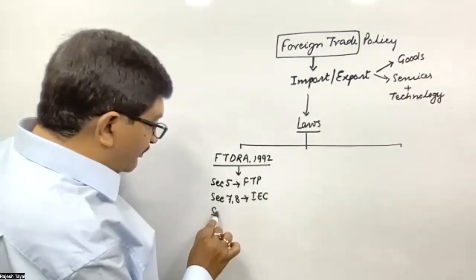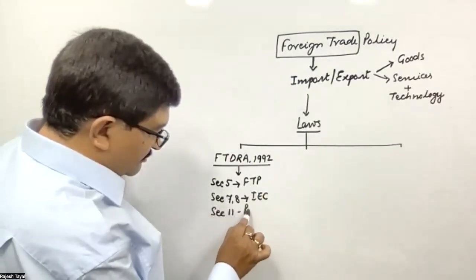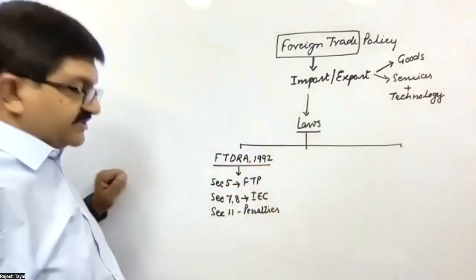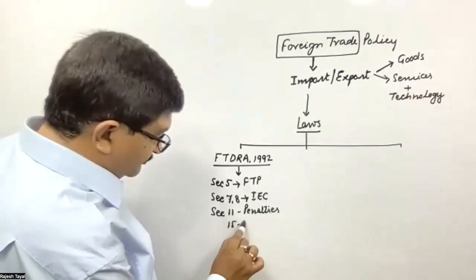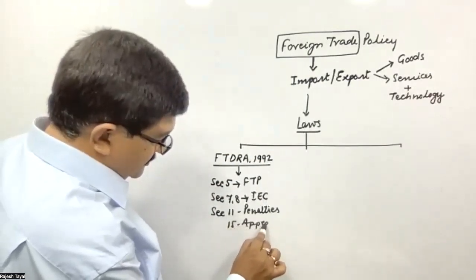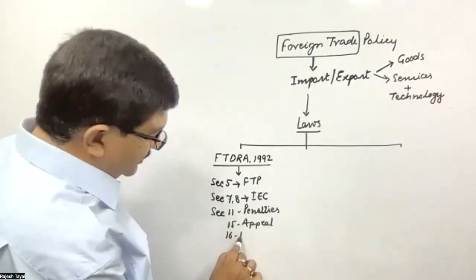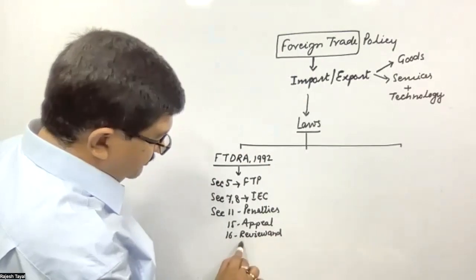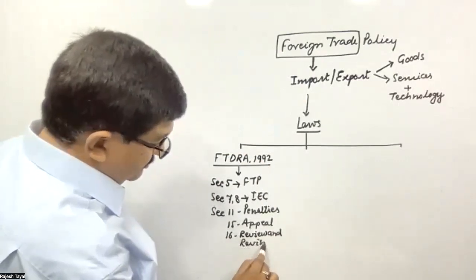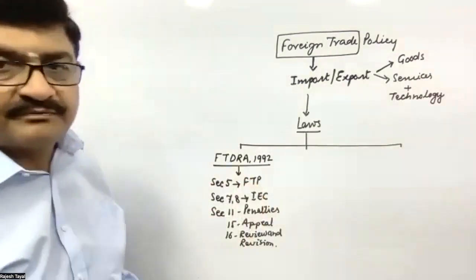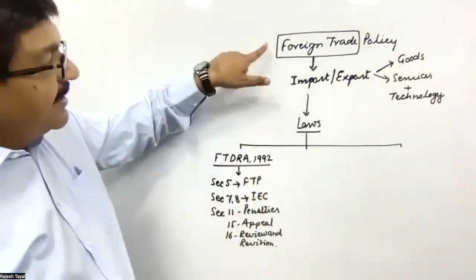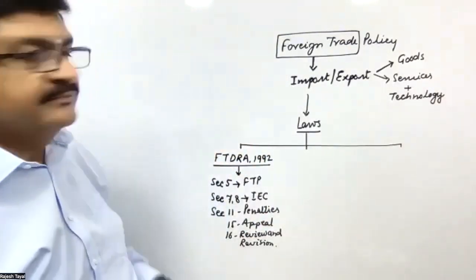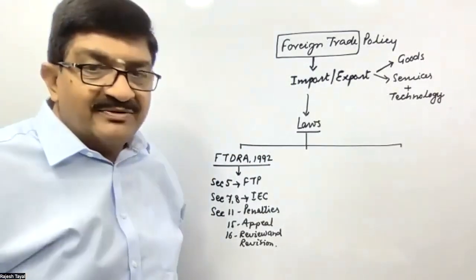Section 11 provides for penalties. Section 15 provides for appeal. And section 16 provides for review and revision. So the foreign trade policy has been framed by the central government.